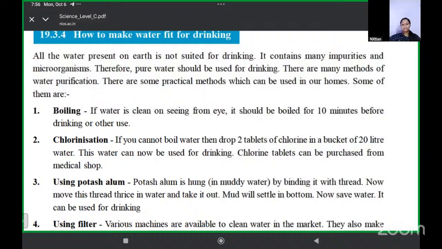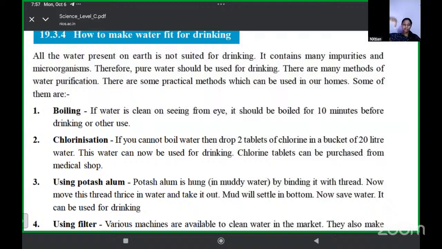Then using potash alum. Potash alum is hung in muddy water by binding it with a thread. If you have seen, there is a white, rocky kind of thing that is known as potash alum, which is bound with a thread. Then move this thread in the water like this.